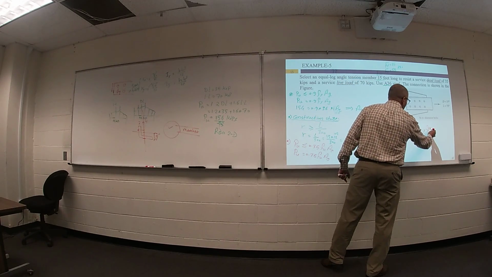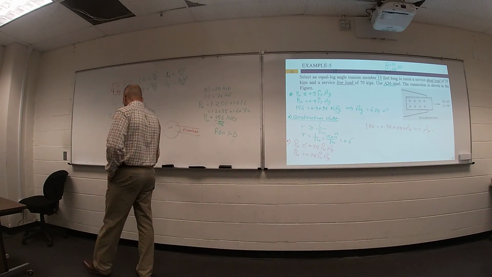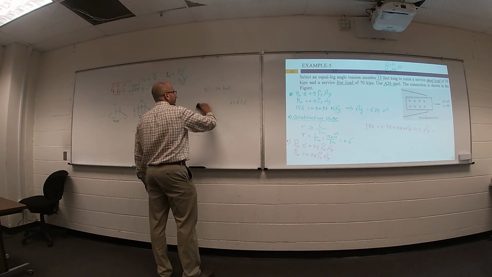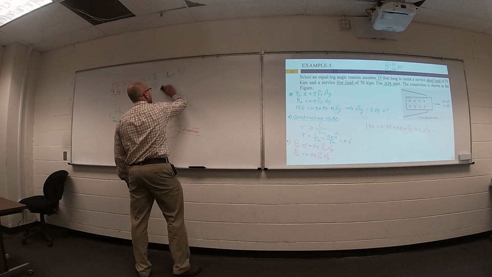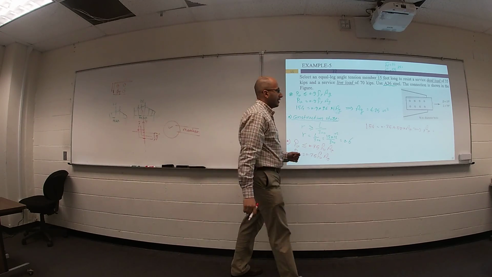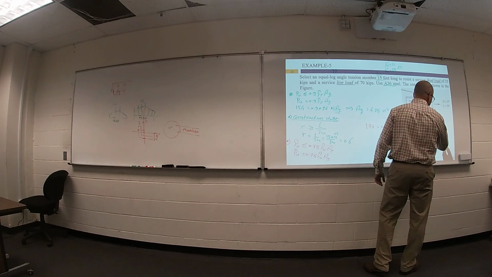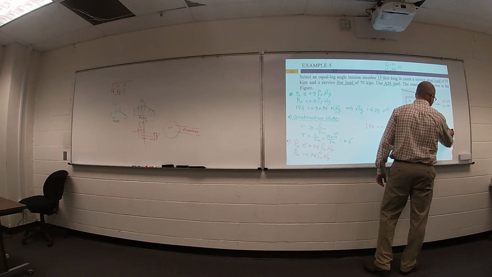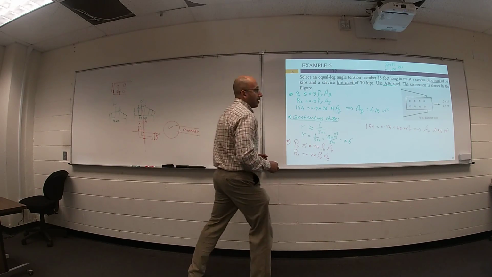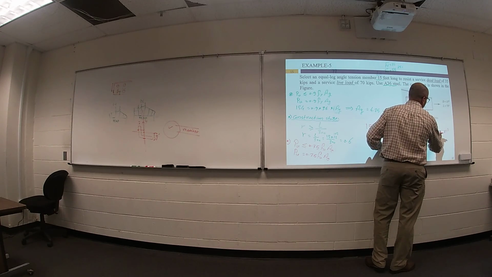What is the value of area effective? It's 3.54 inches square.